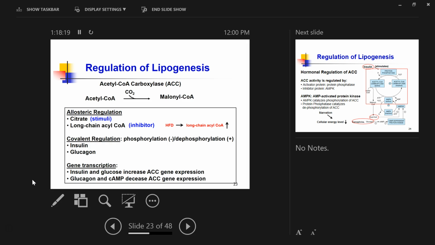And glucagon or cyclic AMP, these 2 go together, right? In the fasting condition, we have high glucagon and high cyclic AMP. So both decrease lipogenesis and decrease ACC gene expression, right?